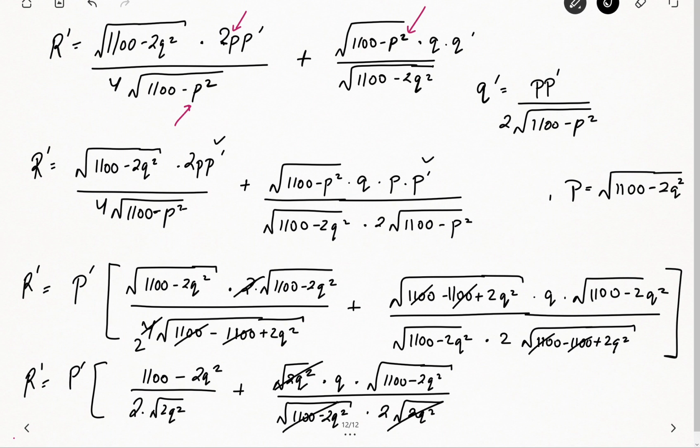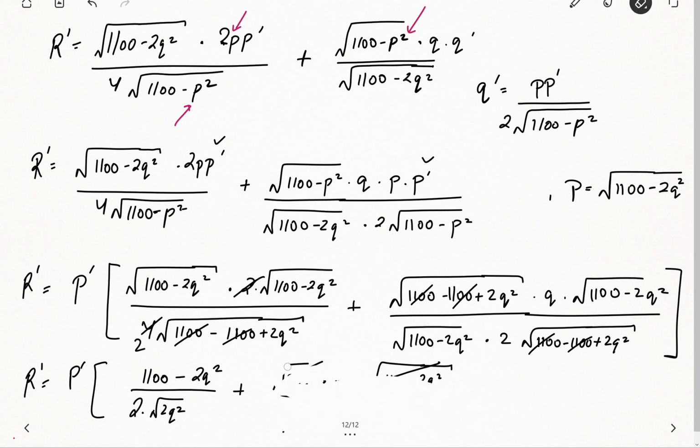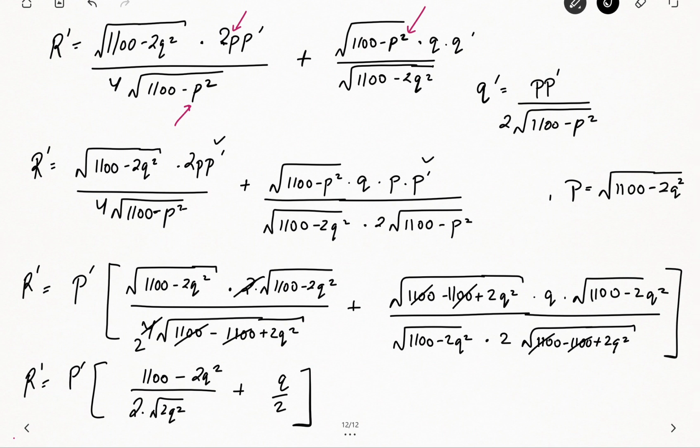Similarly here, that and that's going to go away, so this expression will just be q over 2. So I'm going to get rid of that and write it as q over 2. And that's it. We figured out this part to be our A that they wanted us to do.